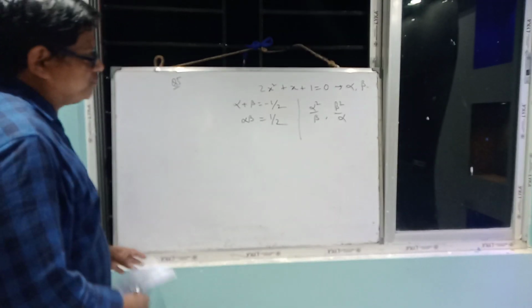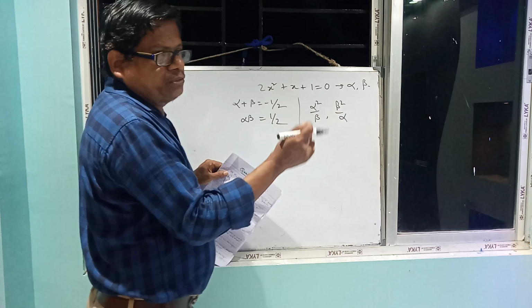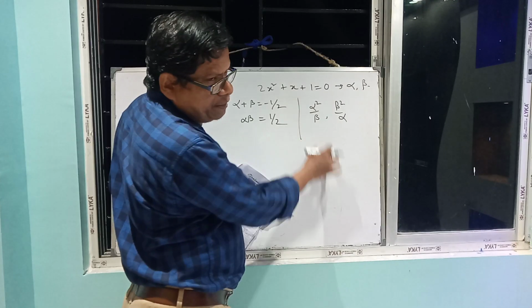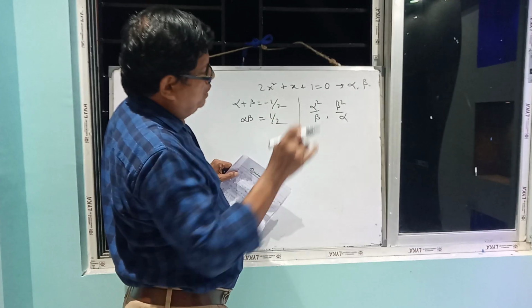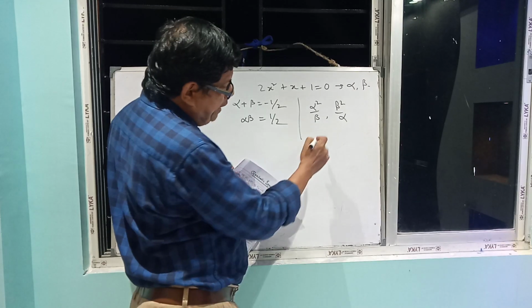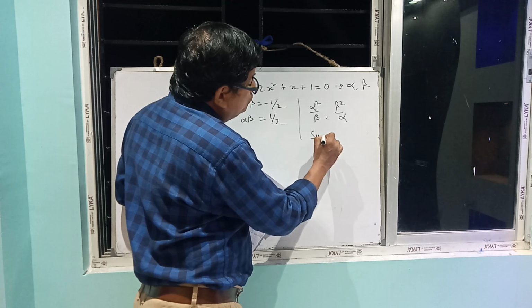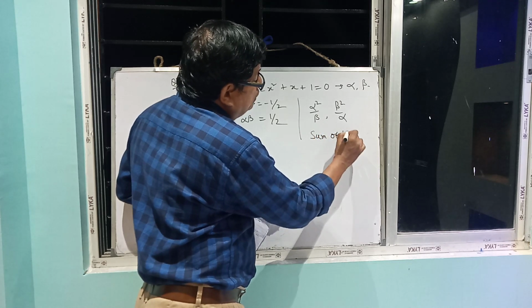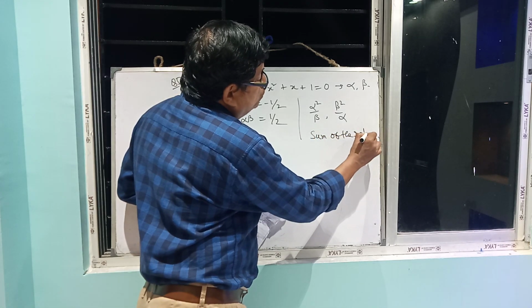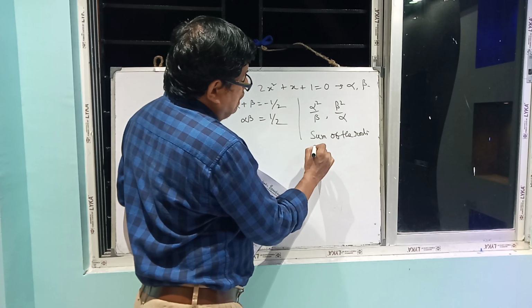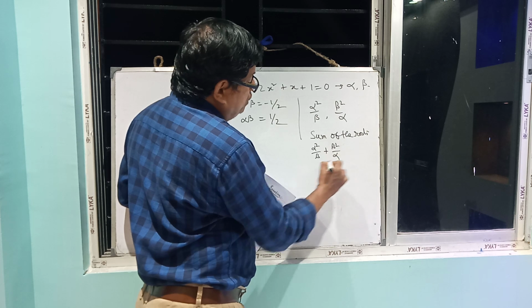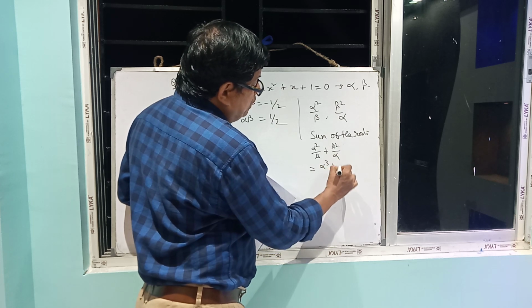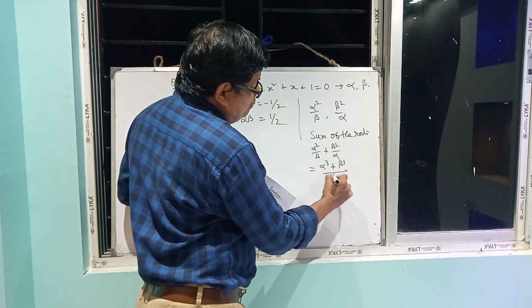See, so the required roots were given, alpha square by beta, beta square by alpha. These roots are given. So find the sum of the roots, that is alpha square by beta plus beta square by alpha. So it will be alpha cube plus beta cube by alpha beta.